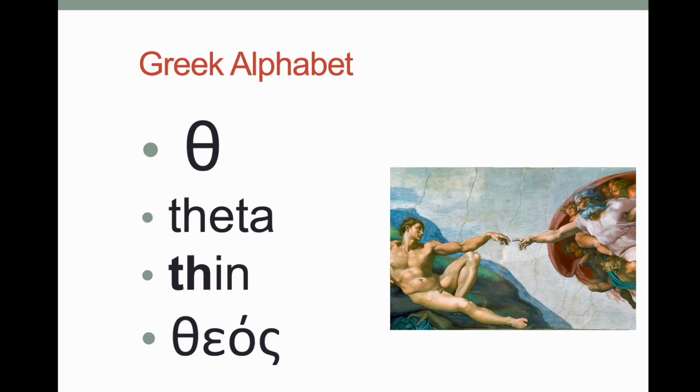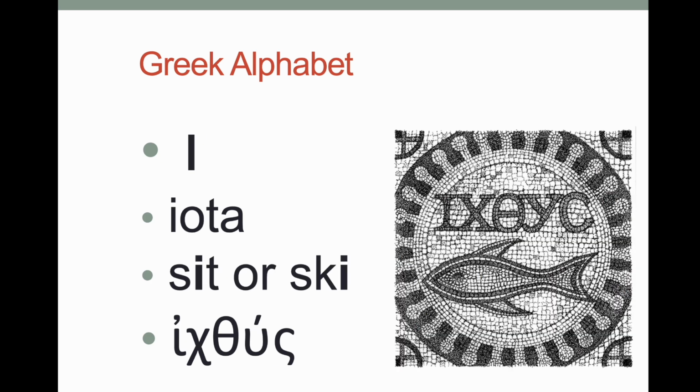The next letter is a theta. A theta makes a TH sound like we would find in the word thin. And the Greek word I have there is the word for God. So that would be pronounced theos. The next letter is an iota, and the iota makes a short I or a long I sound.